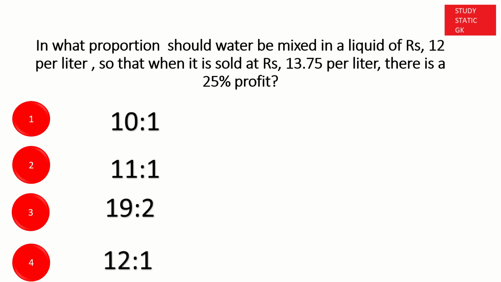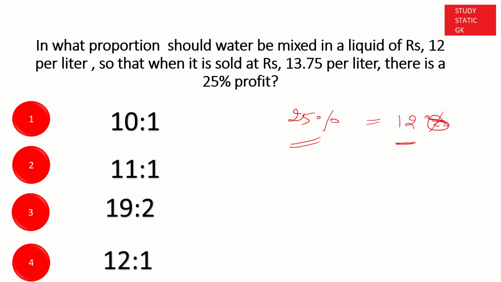In what proportion should water be mixed in a liquid of rupees 12 per liter so that when it is sold at 13.75 per liter, there is a 25% profit? Okay, here the profit he is expecting is 25%. The cost price of the liquid is 12 rupees.